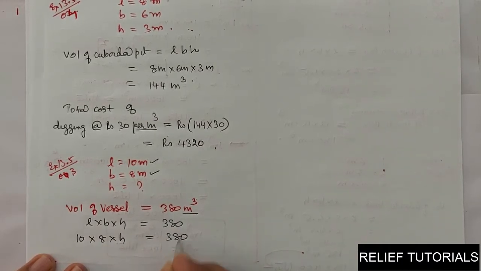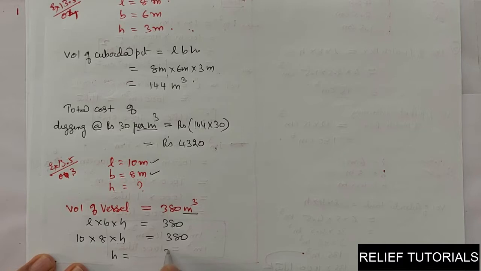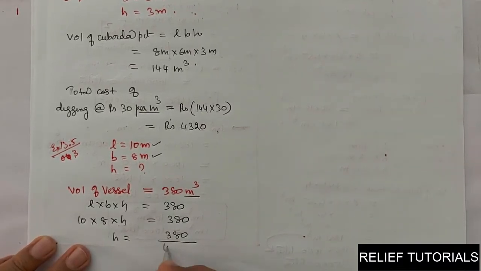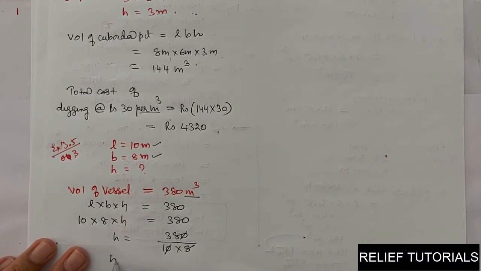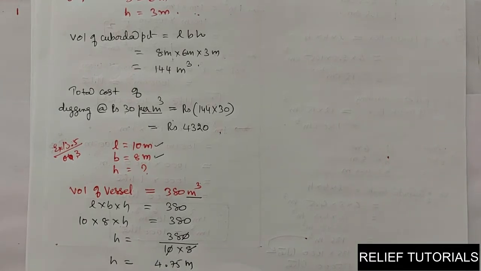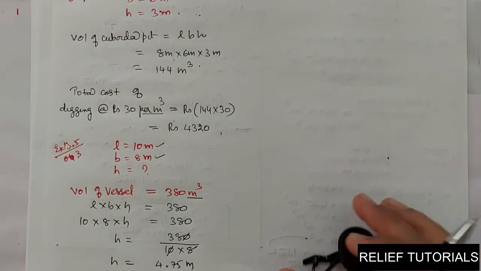So height is equal to 380 upon 10 into 8. The 0 cancels, so 38 upon 8. If you calculate 38 upon 8, the answer will be 4.75 meter. So height should be 4.75 meter.